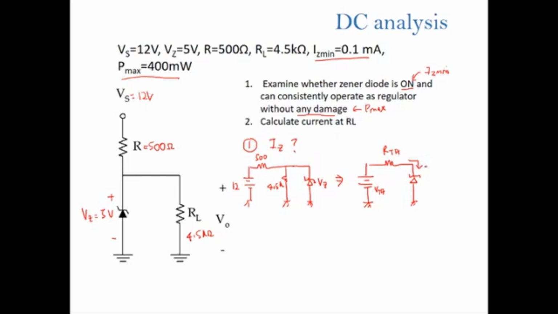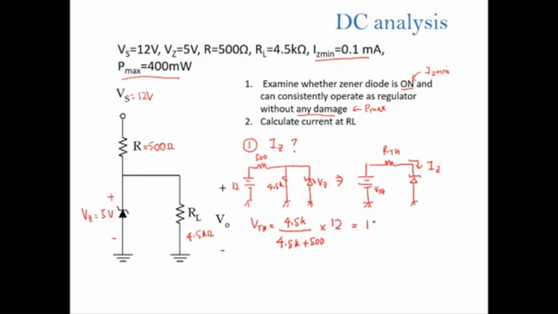This is a very simple series circuit. The current in this series circuit is equal to Iz, because this is the current across the Zener diode. The calculation for VTH, using the voltage divider, is 4.5k over 4.5k plus 500, times 12.